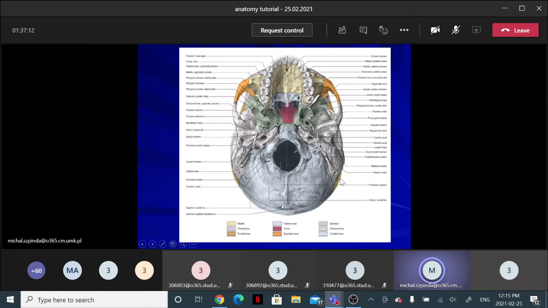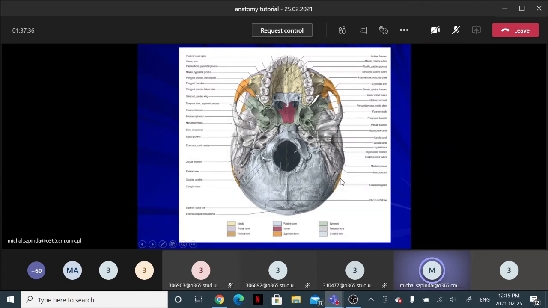So which structure passes between the opisthion and the inion? External occipital crest, between the external occipital protuberance and the opisthion.